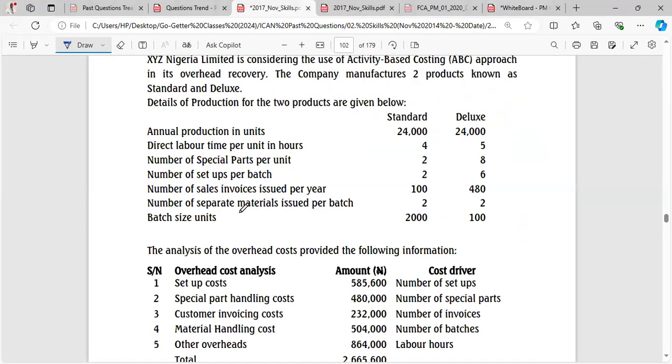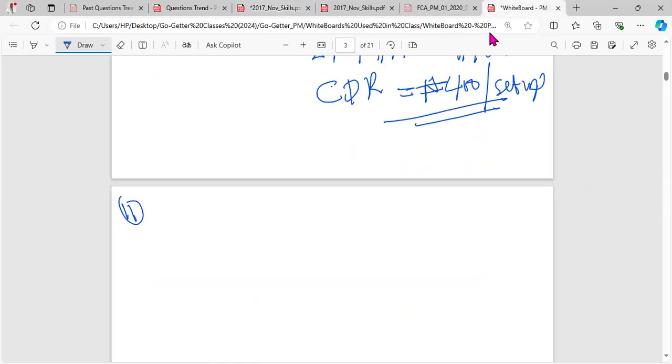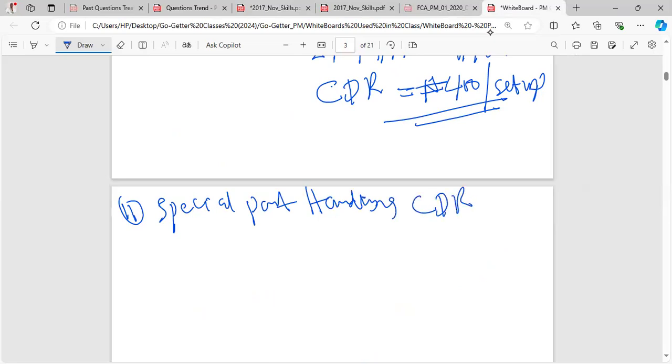It happens to be special parts handling costs. So this is the special parts handling cost driver rate.